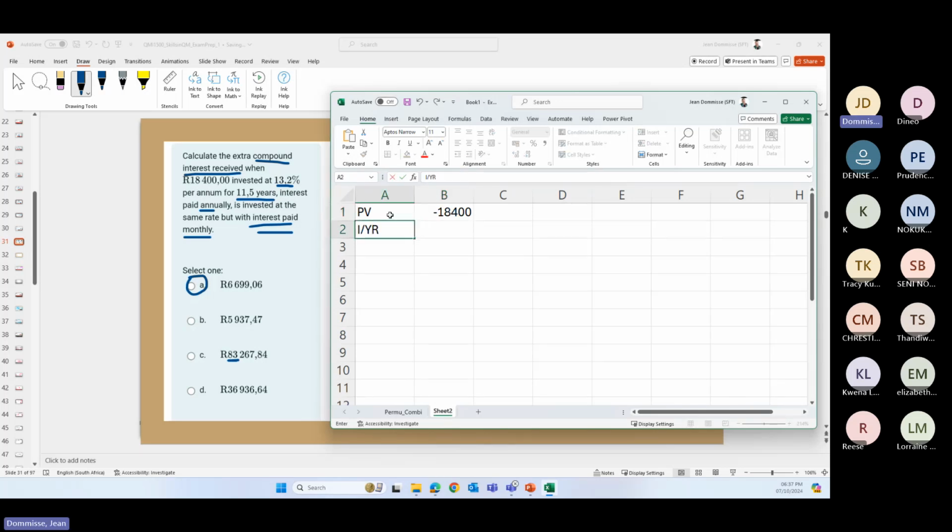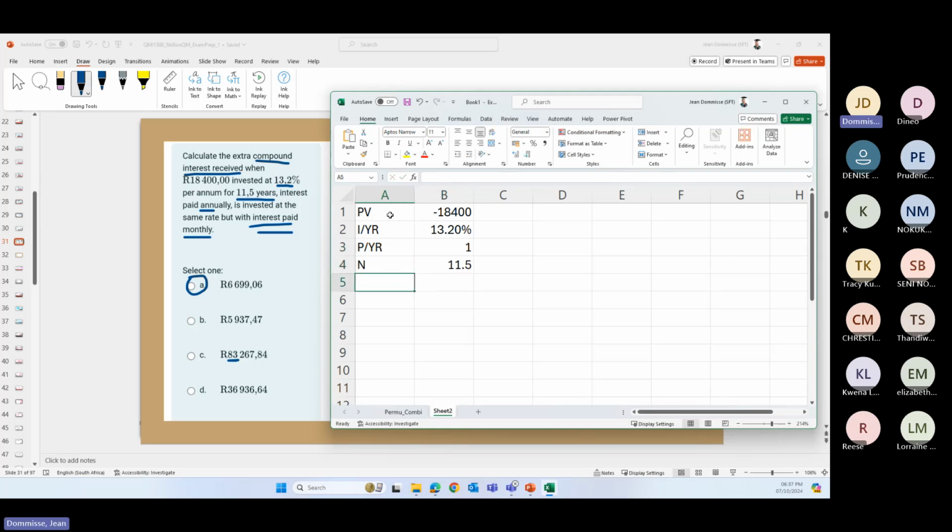The interest rate was 13.2%. So we know that the period time per year was once, N was 11.5.